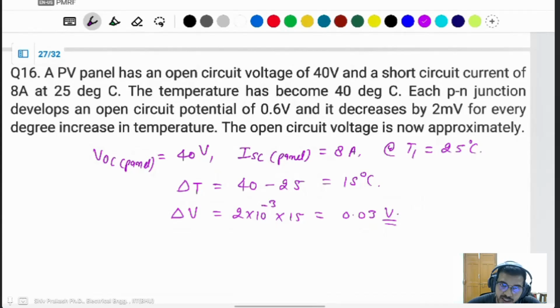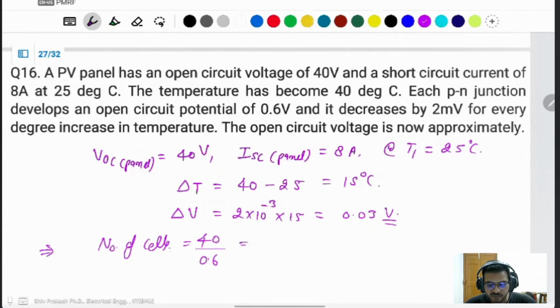There is 40 volt, so the number of cells is 40 divided by 0.6 volt per cell, which is 66.67.